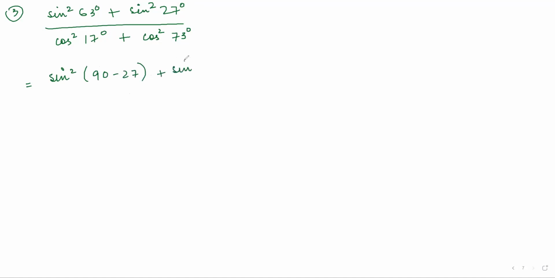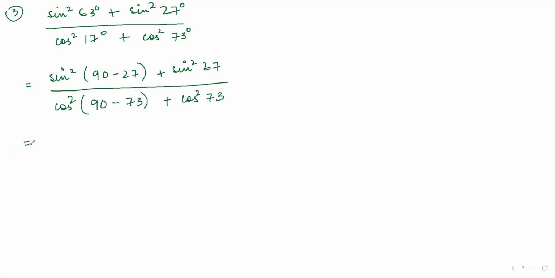Then I have sine square of 27. Similarly, in the denominator, I can see 17 plus 73 is equal to 90. Now this 17, I can write as 90 minus 73, plus cos square of 73.